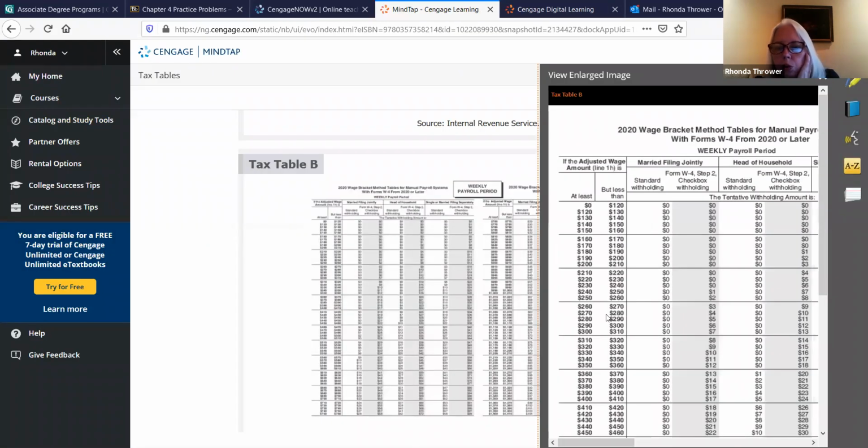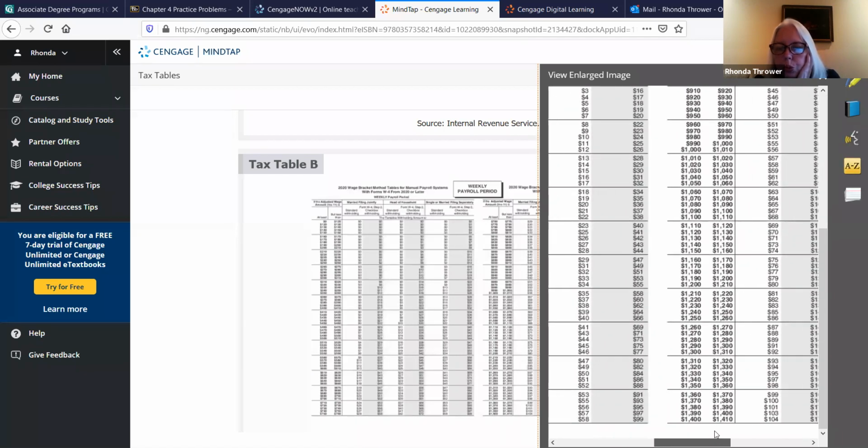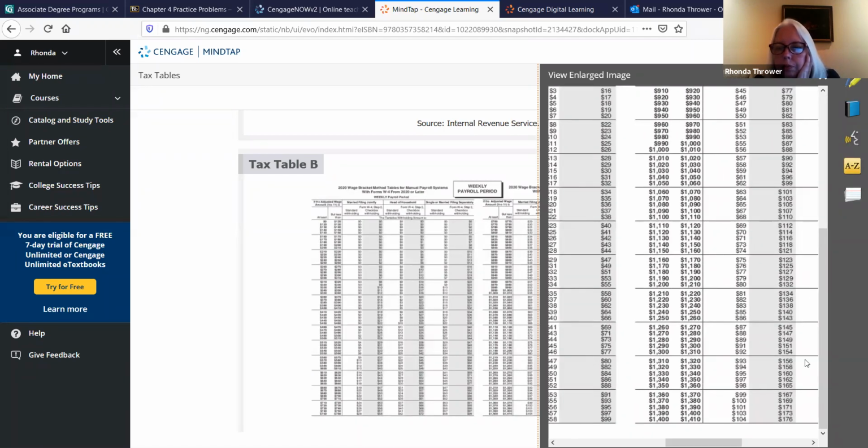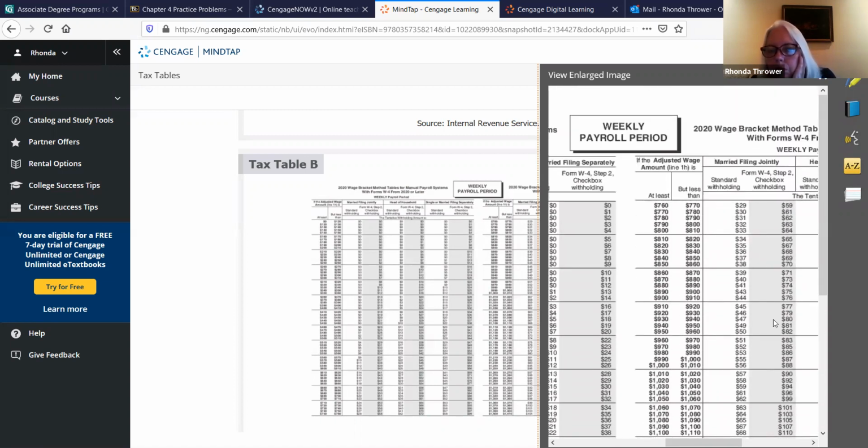So in the table, I'm going to look for 940. And the amount falls from 940 to 950. And the amount was $49 for a married person that's filing jointly.